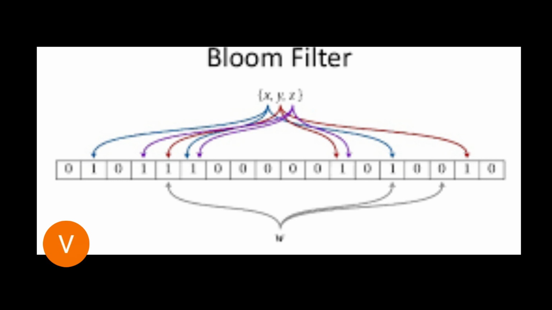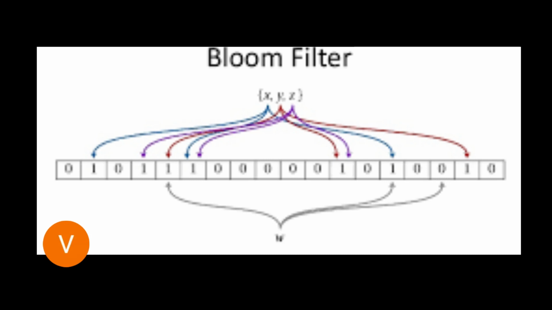So this is a problem, but we can improve it to some degree. We cannot make it perfect, but we can improve it. To improve this, we will use multiple hash functions instead of one. Instead of passing the name Sachin through one hash function, we will pass it through multiple hash functions.